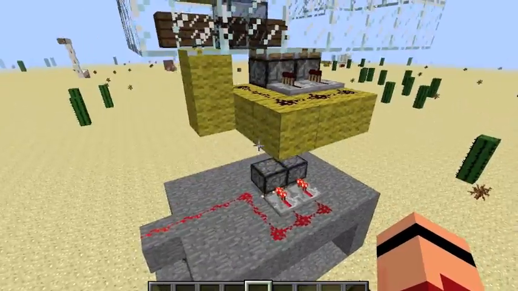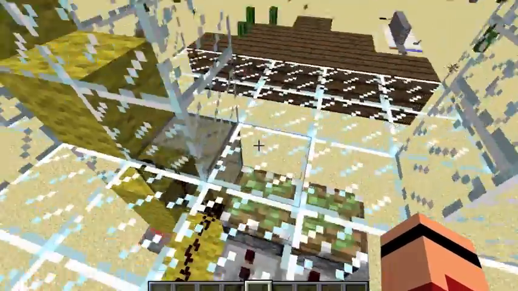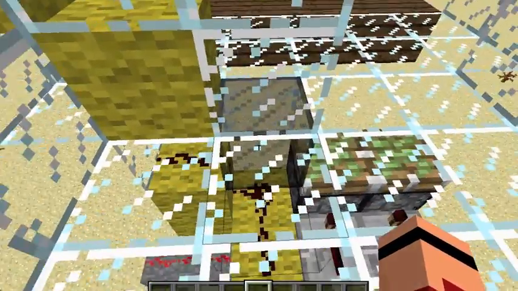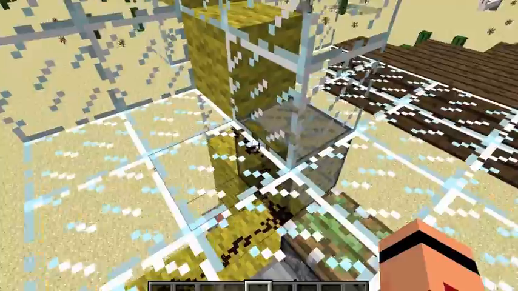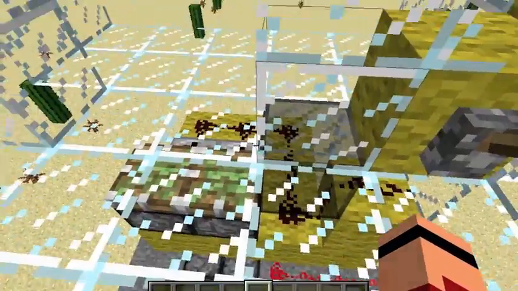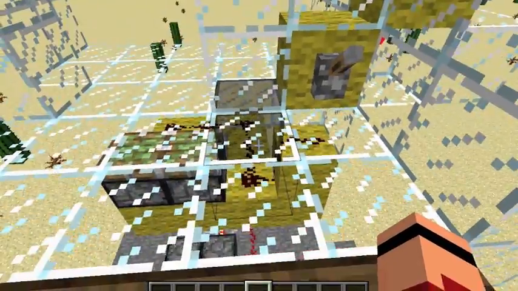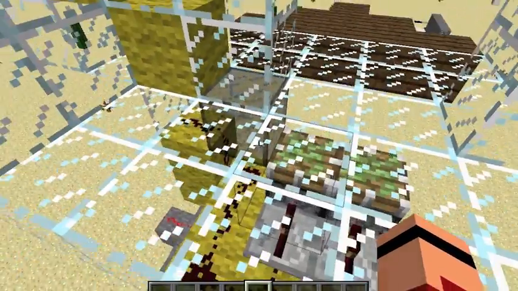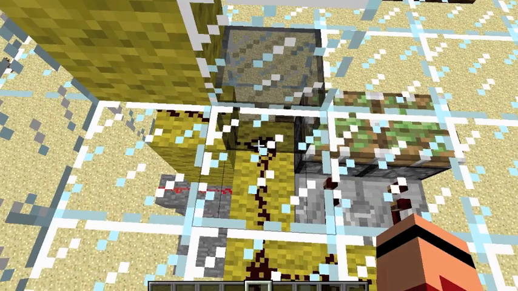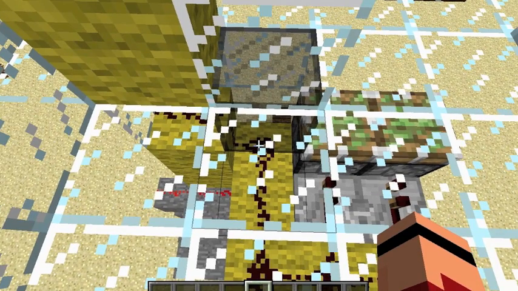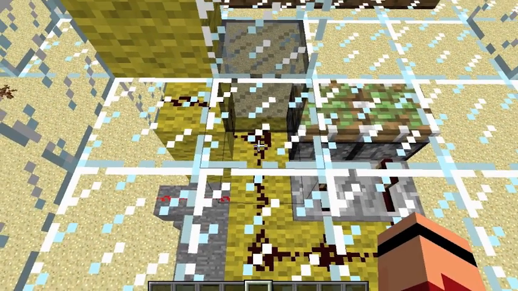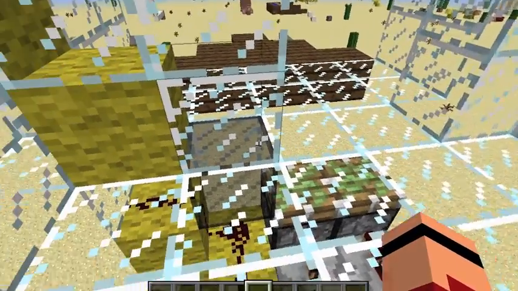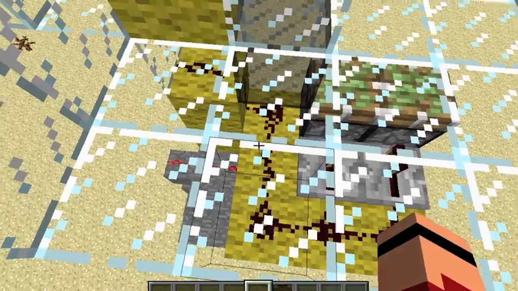There's also, guys, if you may have not noticed, that I have a block of glass right here. I had to place it down to build this, but as you may have noticed, it's black. The only reason it's black is to represent that that's empty space. There are no blocks in that area. So I didn't want to confuse you guys, like you build a plane here and then can't figure out how to connect the redstone.